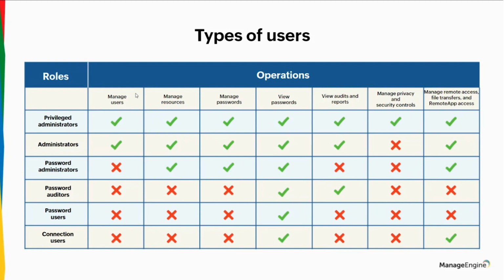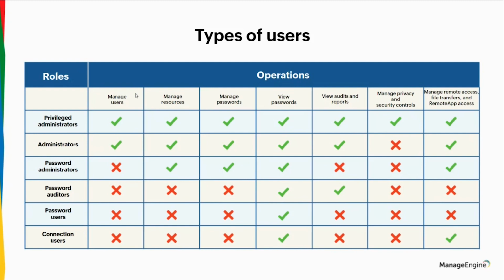So the first 3 roles will be the admin, and the next 3 roles on the list are going to be the password user roles, that is the end user roles on the application here, which is password auditor, password user, and connection user. When it comes to password auditor, you can assign this particular role to any auditors in your organization, or even a third-party auditor coming to your organization.